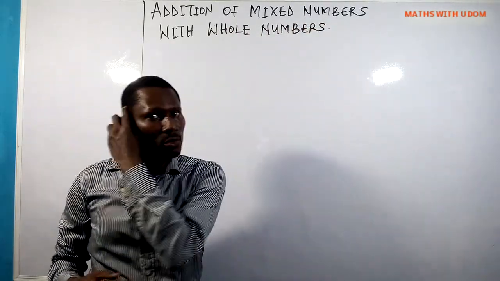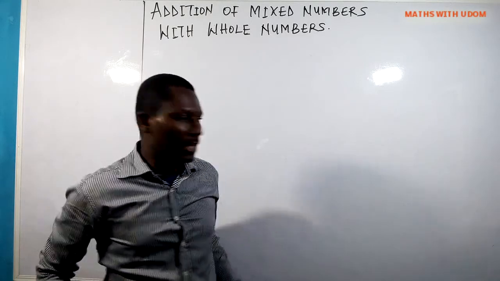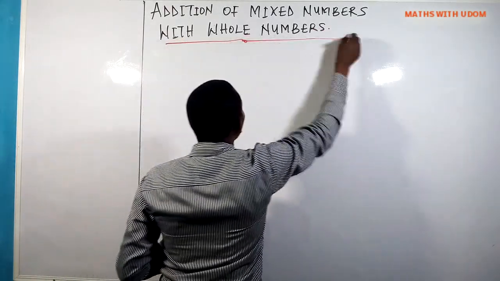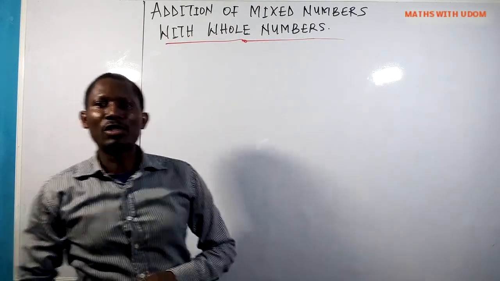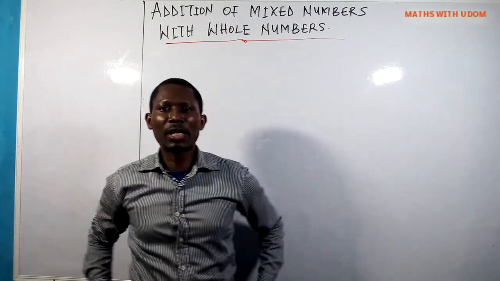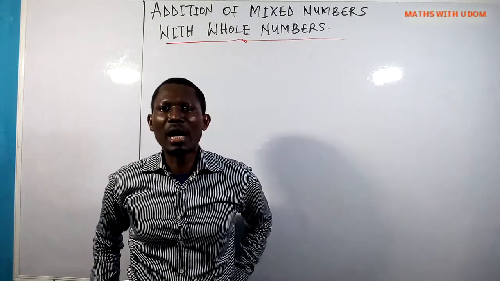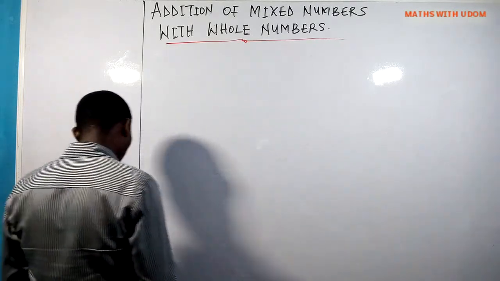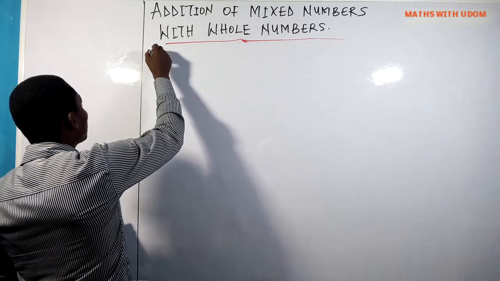Okay, so this is what we are going to be looking at for today. Addition of mixed fractions or mixed numbers with whole numbers. Okay, so let's quickly move to our examples. All right, so our examples now. Examples.